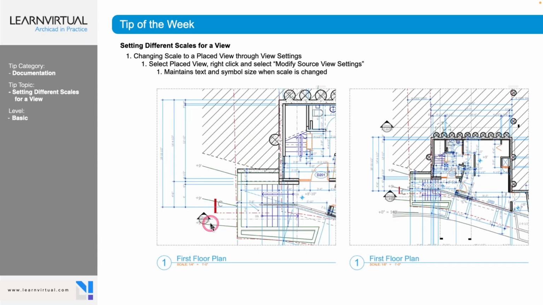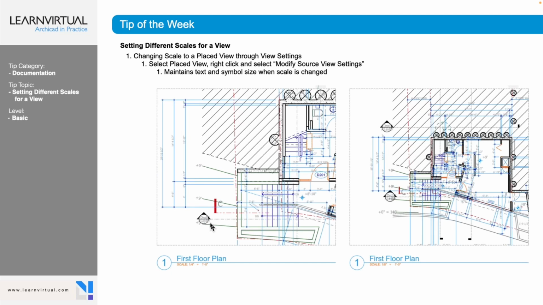When we do it that way, it's going to maintain our text and symbol size when the scale is changed. So our text and our symbols do not scale up or scale down with the rest of the scaling. Your text and your symbols are going to remain the same size they were with how they were drafted in.